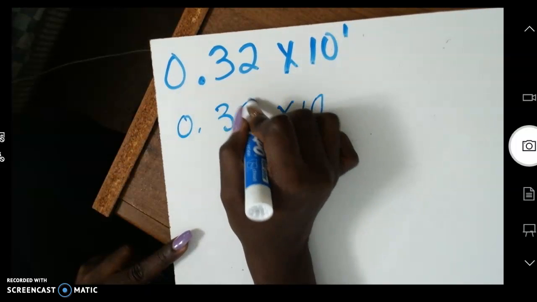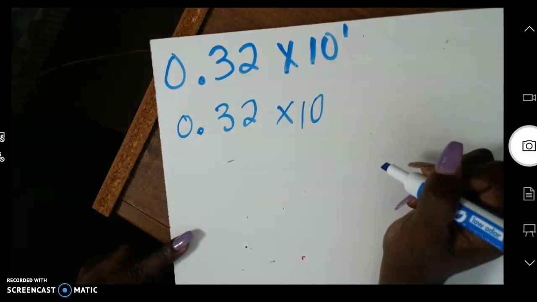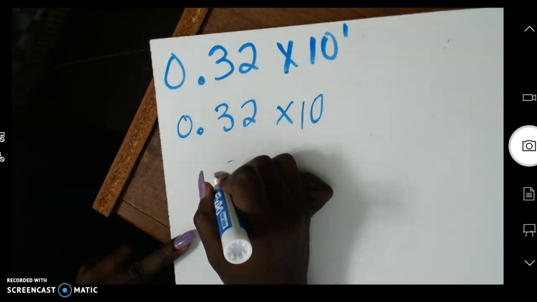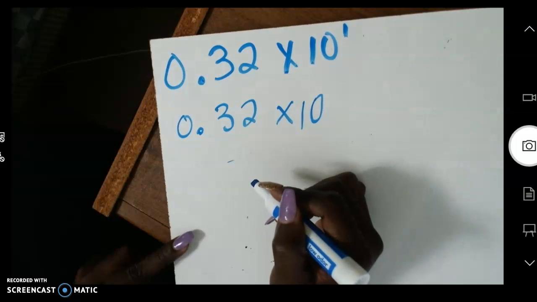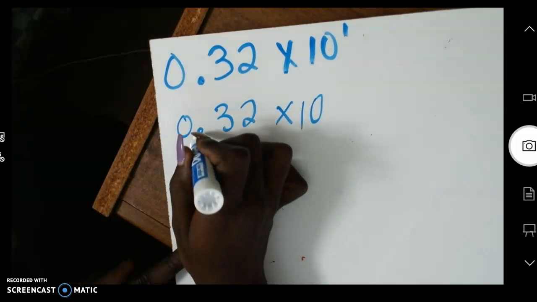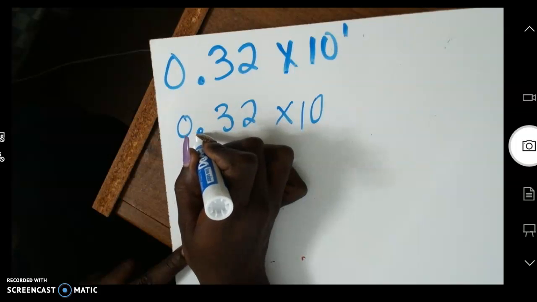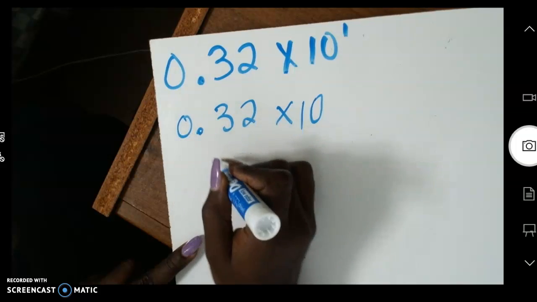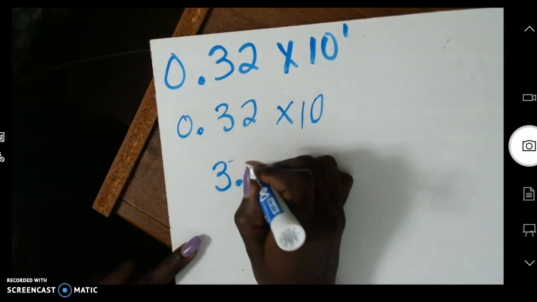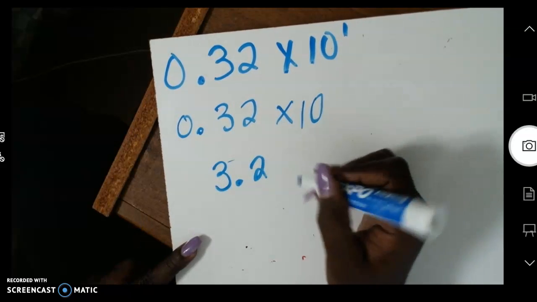So 0.32 times 10. We can look at this by saying that we need to increase by a power of 10. Therefore, we're going to move our least place value to the left 1 place value.